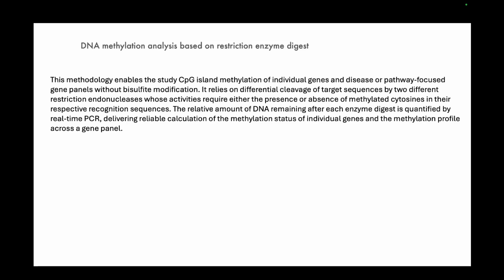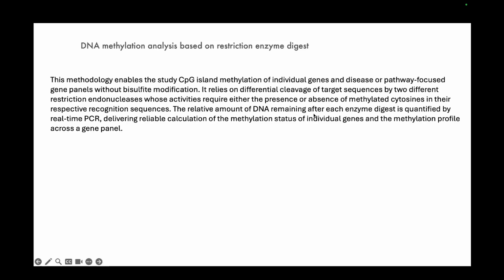So depending on that, if it recognizes a methylated cytosine just beside its restriction site, it'll either activate or it will not activate, depending on the type of restriction enzyme you're using.